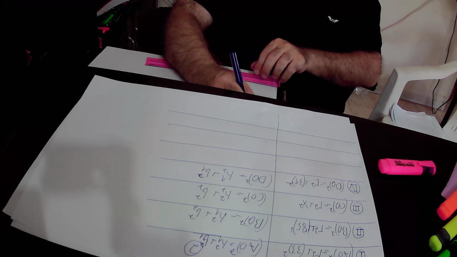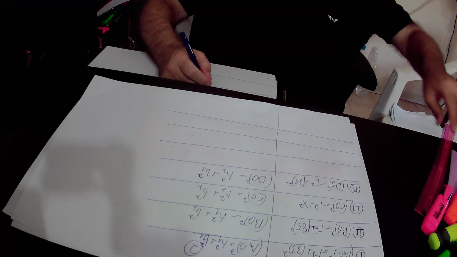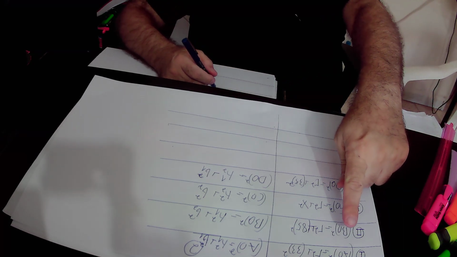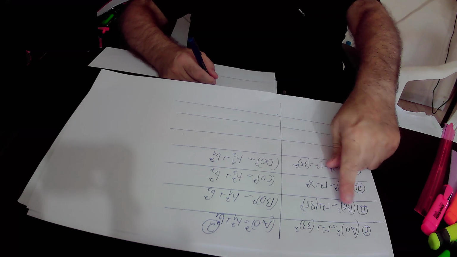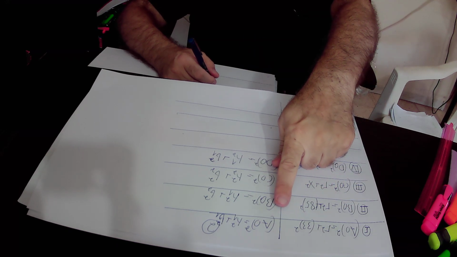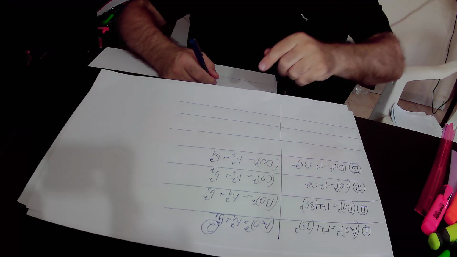According to the first equation, AO squared according to equation number 1 must be equal to AO squared according to equation number 2.